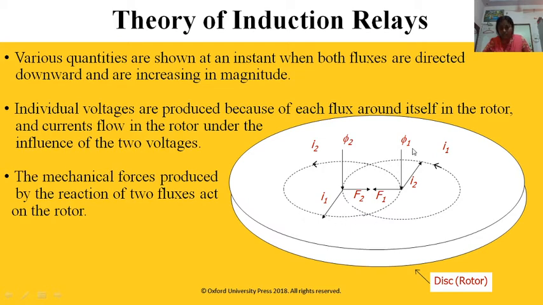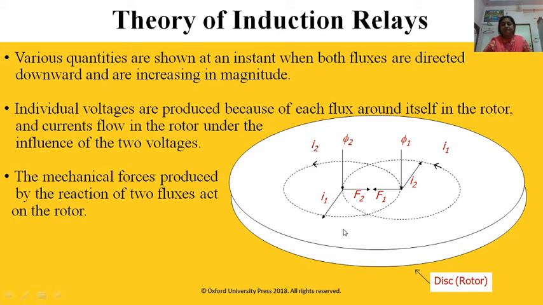Now this flux phi1 is interacting with this I2, so this will produce force F1. This phi2 is interacting with this I1, this will produce F2. Now F1 and F2 are in opposite direction, so difference of these two will produce a torque or force in this disk, and the disk will rotate.